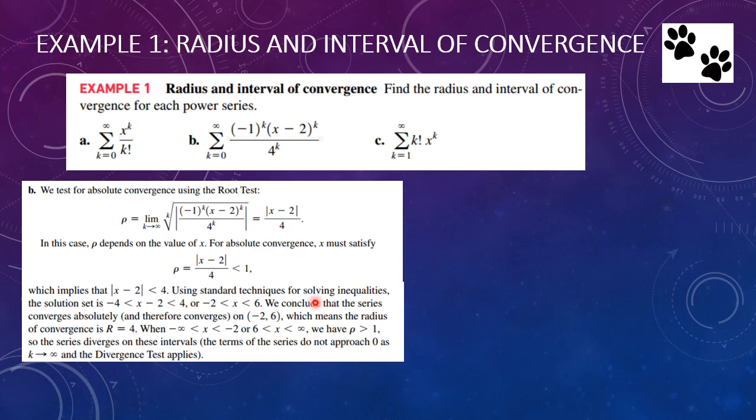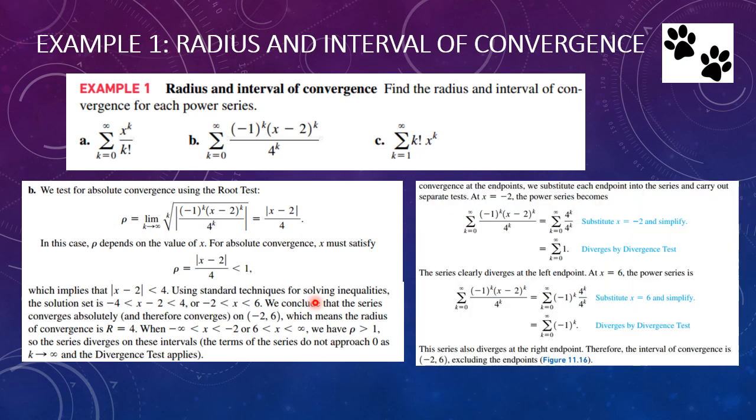To test for convergence at the endpoints, we substitute each endpoint into the series and carry out separate tests. At x equals -2, the power series simplifies to just 4 to the k over 4 to the k, and we can see here it diverges by the divergence test.